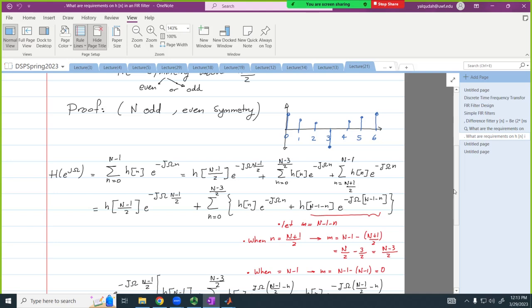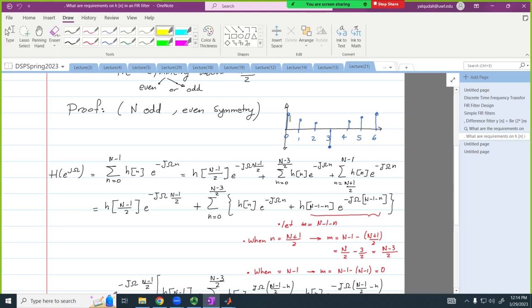I'm going to take the summation from 0 to (N-3)/2, then the summation from (N+1)/2 to N-1, and then we have the middle one, which is this one here.